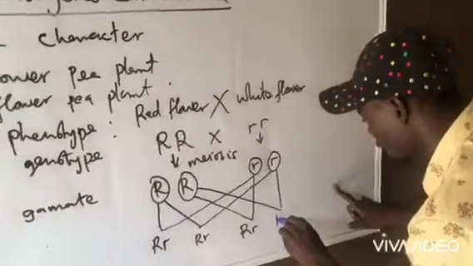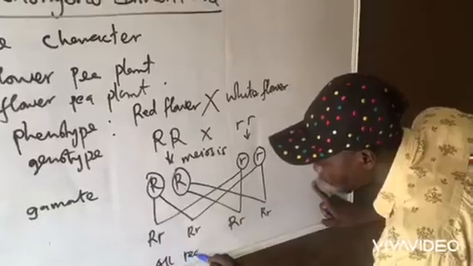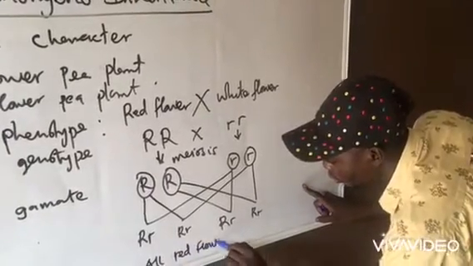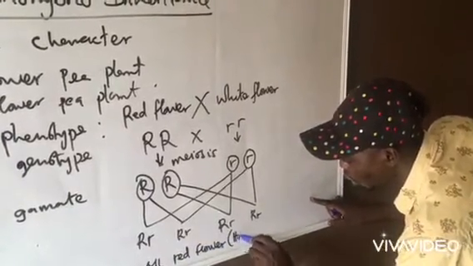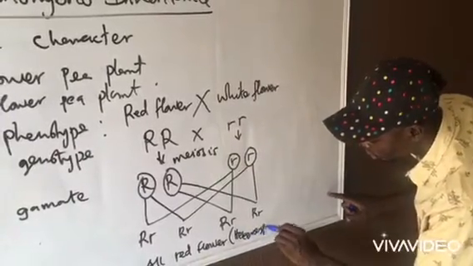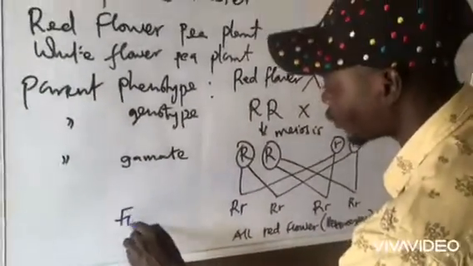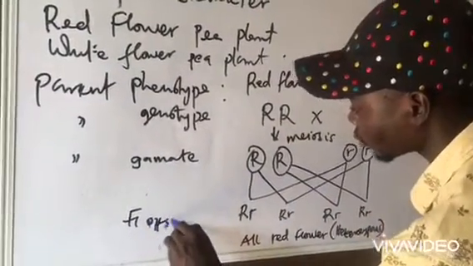So at the end of the fertilization, we have all red flower. But this red flower occurs in a heterozygous condition. So this is the offsprings of the F1 generation.